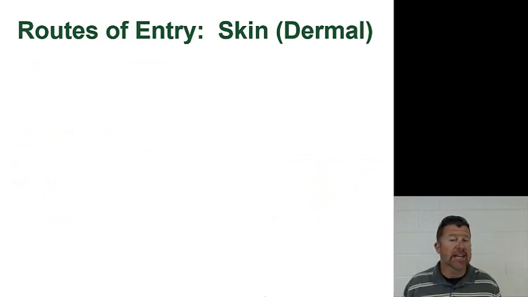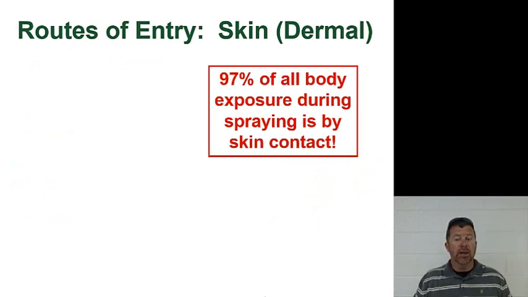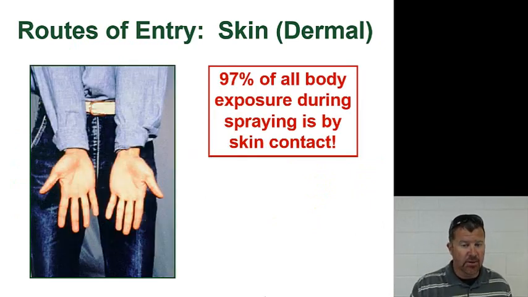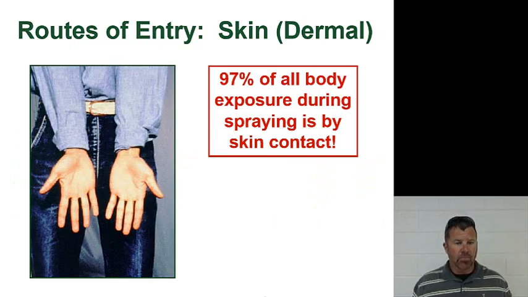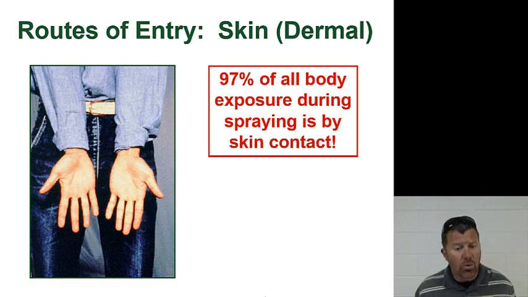Routes of entry, skin, also called dermal. 97% of all body exposure during spraying is by skin contact. Well, here we have a young individual, actually looks like a Navy person with the dungarees on, correct? But they've applied a pesticide. And in my reading, I forget what the individual was spraying.